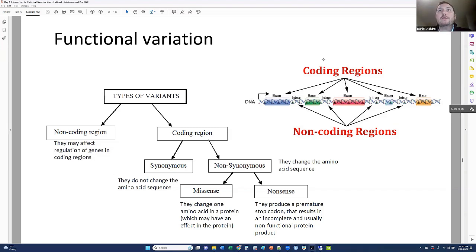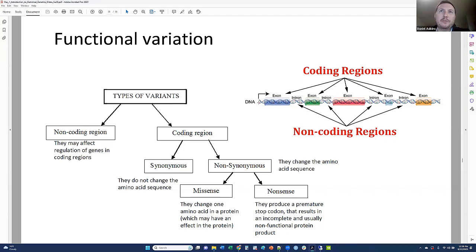But let's begin discussing genic DNA by looking at this figure in the upper right hand part of the slide. Let's consider this as a gene, and each gene can be described as a combination of exons and introns.